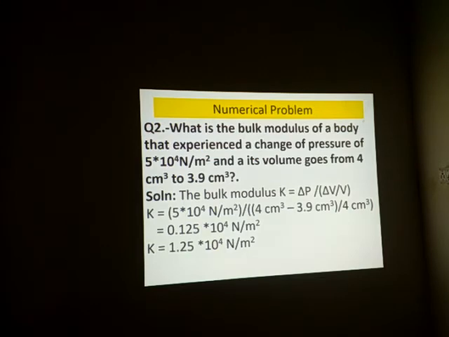So by taking the values, we get K equal to 0.125 into 10 to the 4 Newton per meter square, or we can rewrite it, that is K becomes 1.24 into 10 to the power 5 Newton per millimeter square. So this way we can solve it and we can find out the bulk modulus of a material.